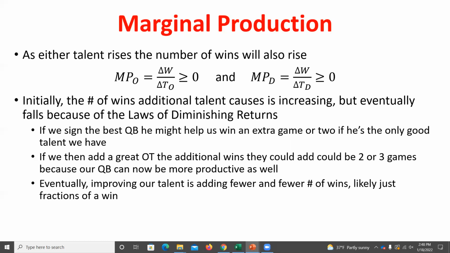And then somehow I have enough money. This may not be the most realistic scenario, but I'm going to also add Kyler Murray to my team. Definitely talent, so I'm seeing an increase in offensive talent. Why might the number of wins I see actually go down? What could happen in that scenario?